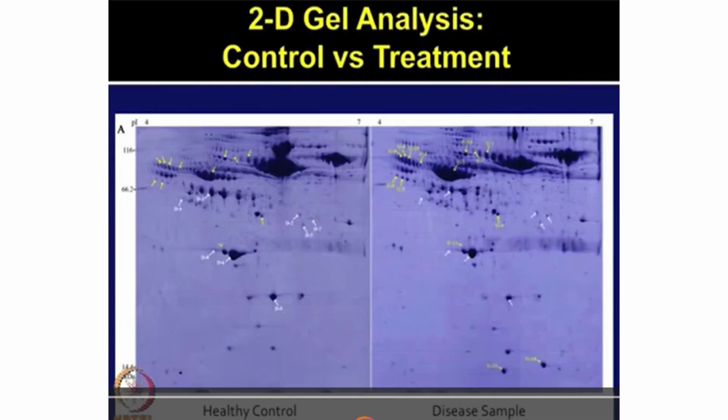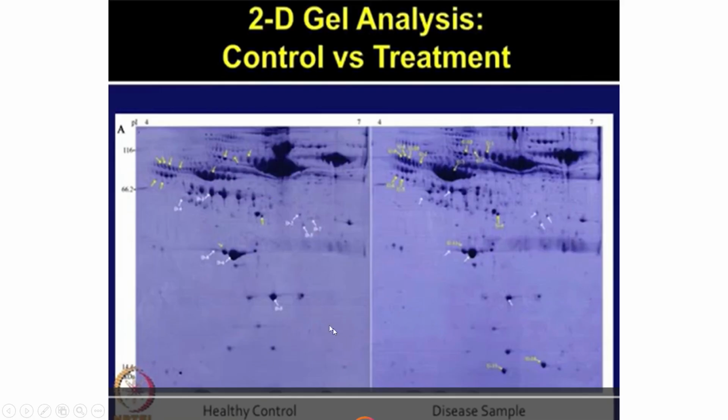Just to give one example, this is a healthy control and this is a disease control. You can compare these specific proteins here. In healthy, it is very much less compared to this in the disease sample. Similarly, these are much more highly upregulated in healthy compared to this in the disease sample, where they are lesser in concentration.